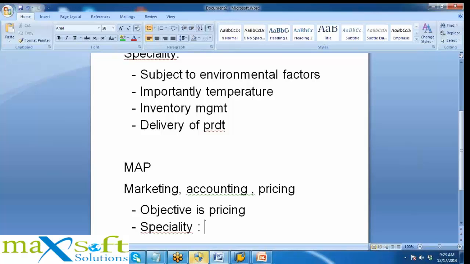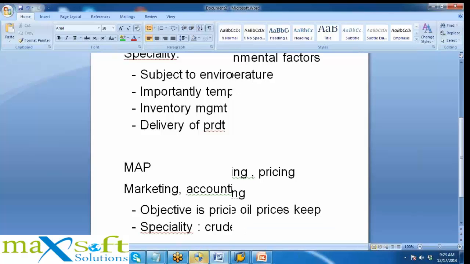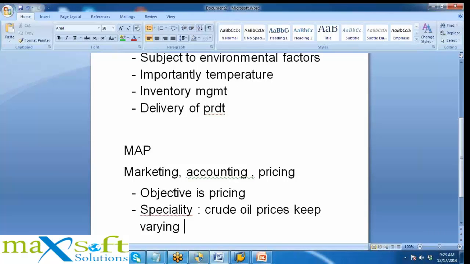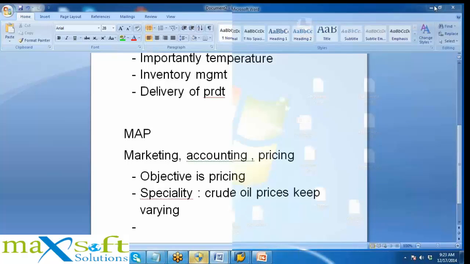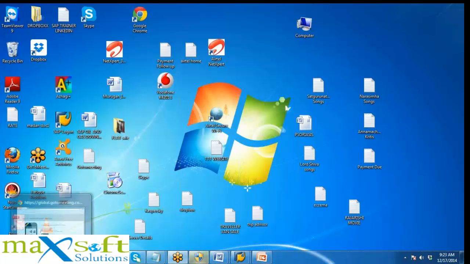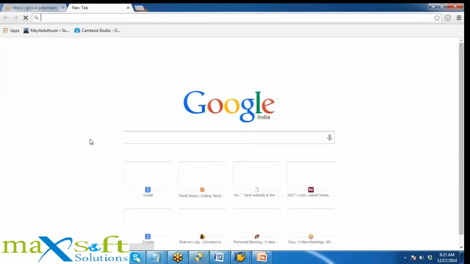The pricing specialty is that crude oil prices keep varying. I think you are aware that crude oil prices vary every day, during the hours every day, and even during the daytime it keeps varying, right?